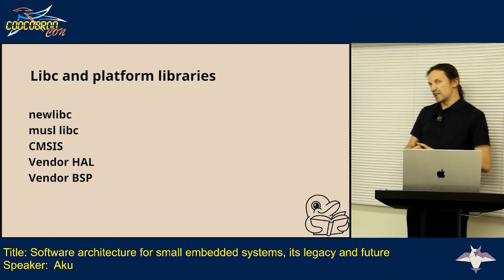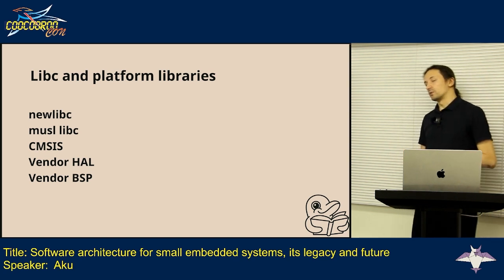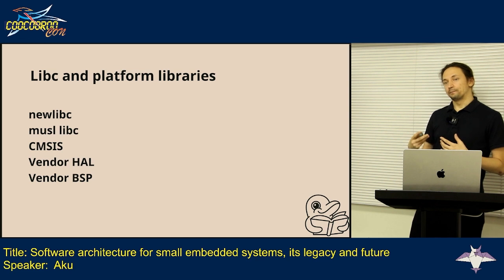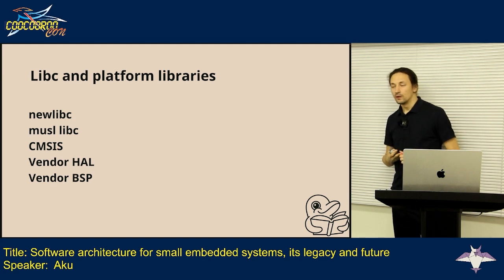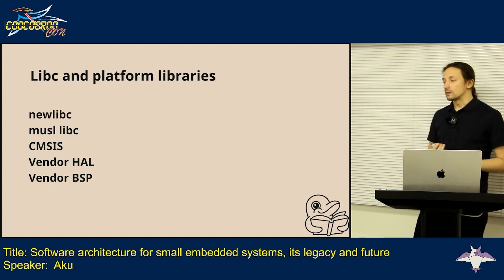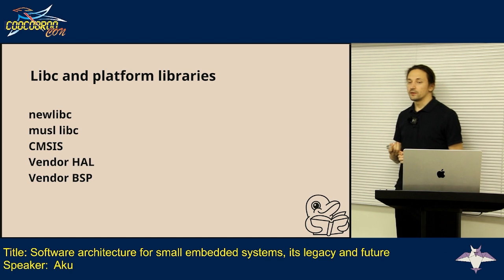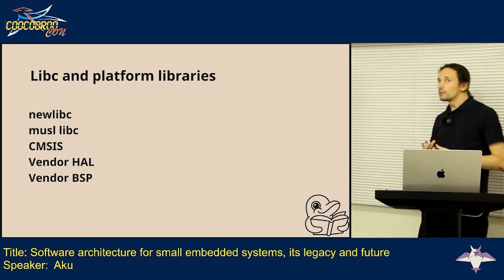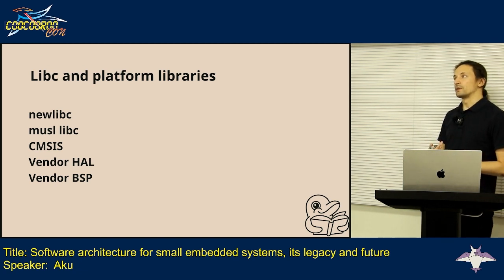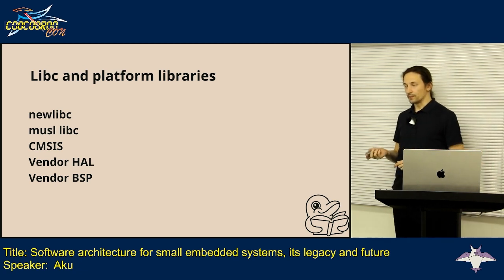It was kind of designed as a replacement for GNU libc, but it doesn't handle all tasks that we need to handle on microcontrollers. For example, many functions are not thread safe, they're not reentrant. And reentrancy is kind of possible to integrate, but that's a task that you usually do on your own.